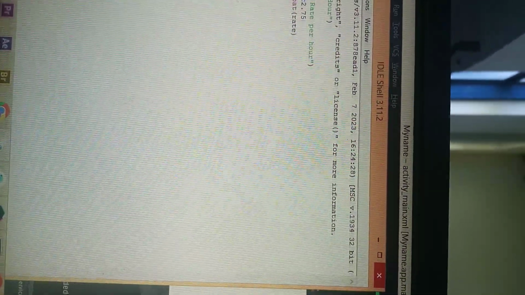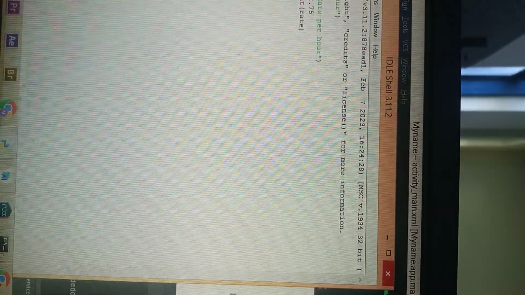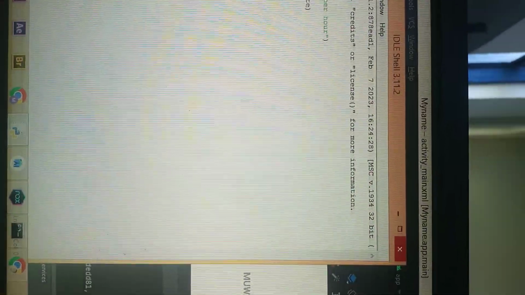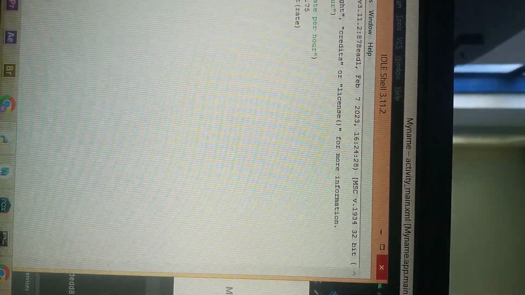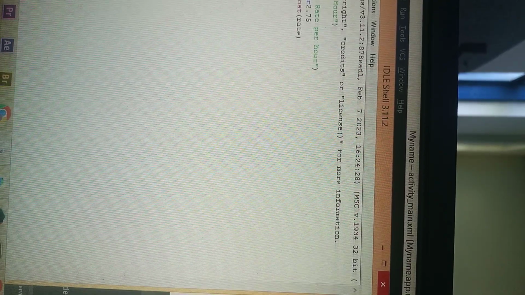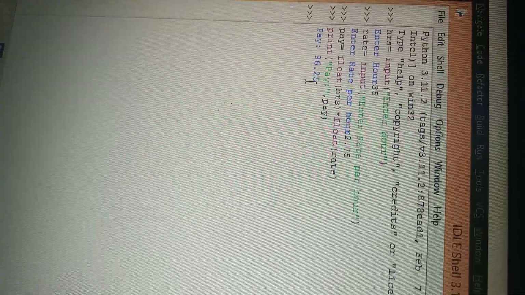Then I could say float hours multiplied by float rate, and I could print the pay, whereby it was supposed to be 96.25.